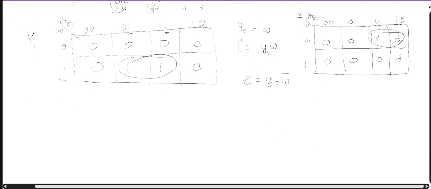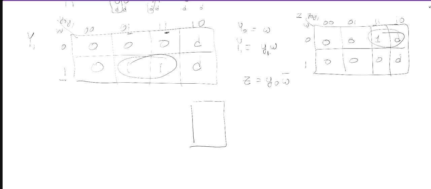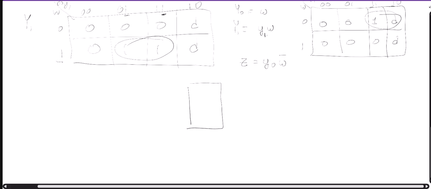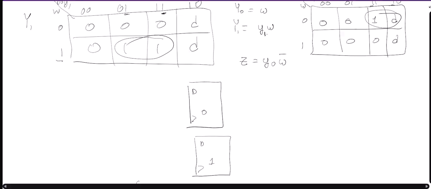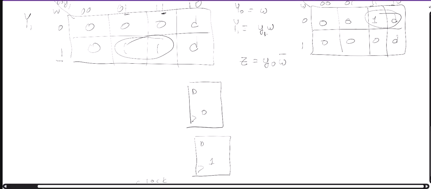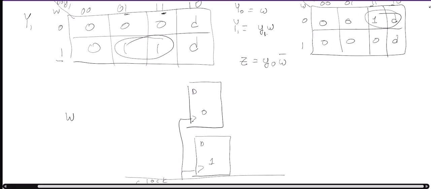Okay, now my last job is to draw my circuit. I'll have 2 flip-flops, one for Y0 and one for Y1, and the clock. I have my W input.